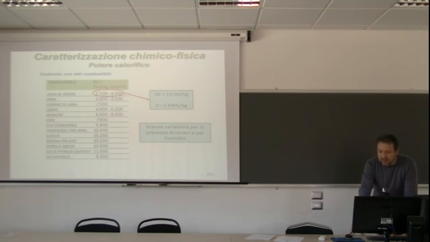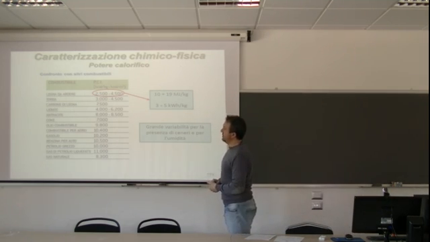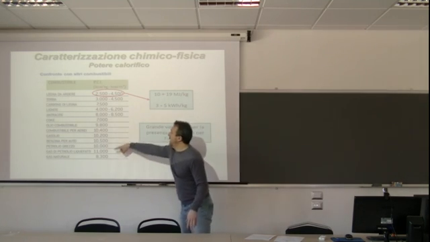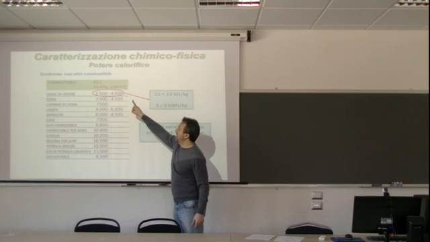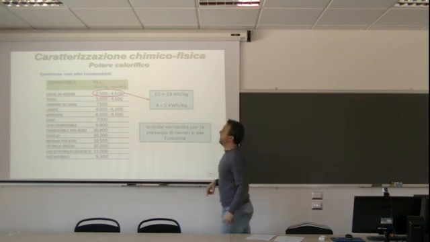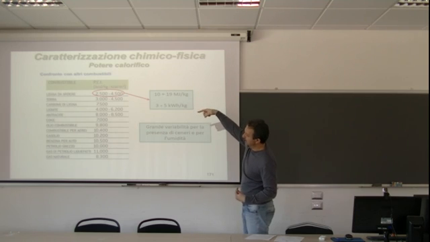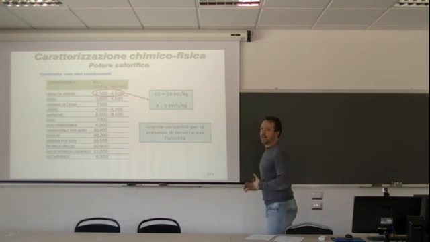Okay, and these are the low heating values of some fuels and biofuels, and you can also have a comparison between the fuels and biofuels. Here you can see kilocalories per kilogram, and if you have a gas fuel, you can see kilocalories per cubic meter.